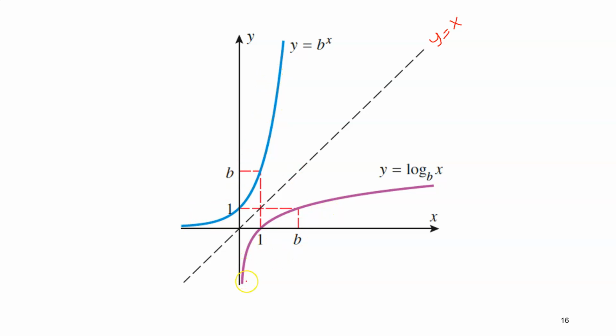Now you have another curve which is this, y equal to log x base b. This is logarithm. So when you fold a paper based about the y equal to x axis, you akan dapat benda yang sama, curve yang sama. That's why we say it is symmetric about the y equal to x line. Okay.